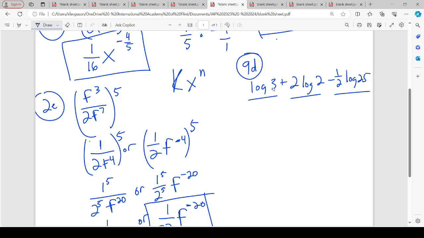So I know when I'm adding logs, what do I do? Yes, I'm adding 2 logs, 2 different logs, not adding the 2.